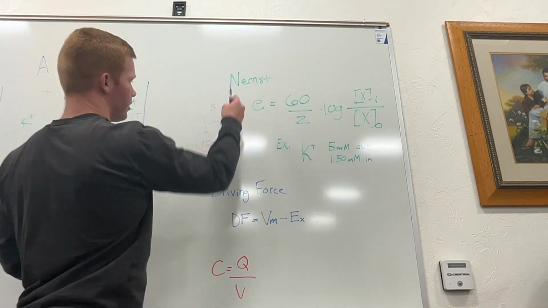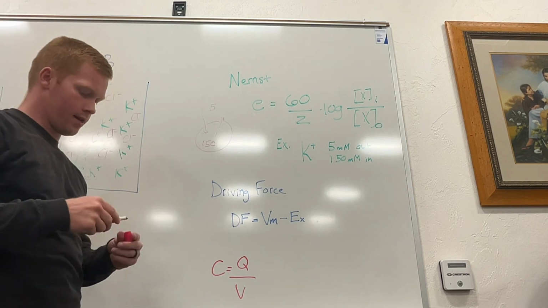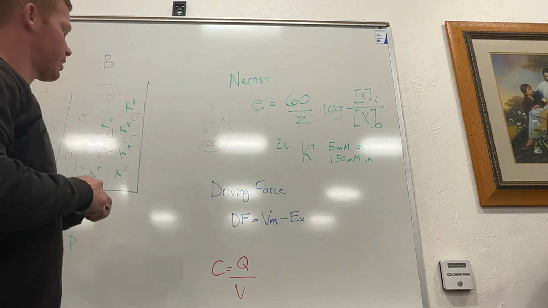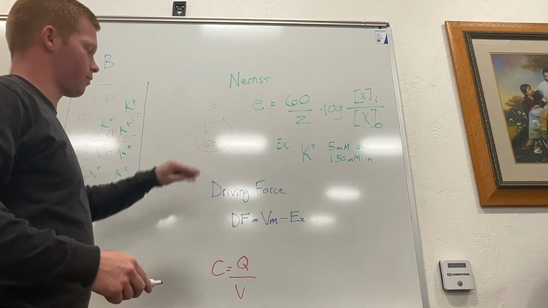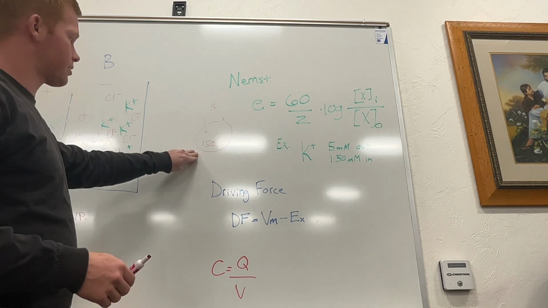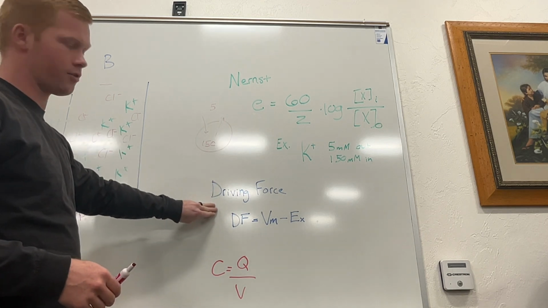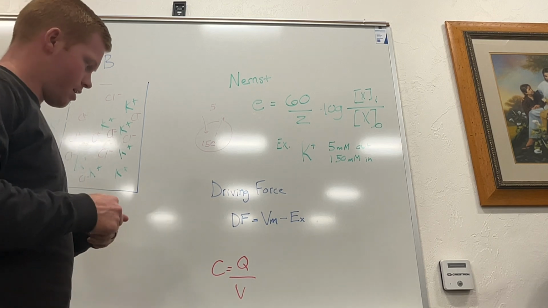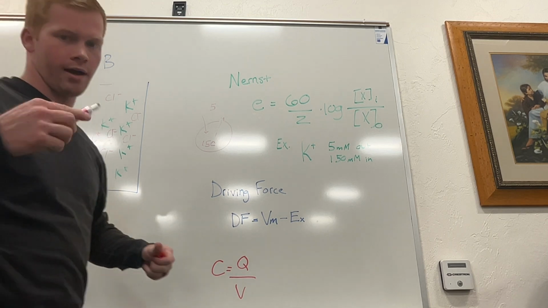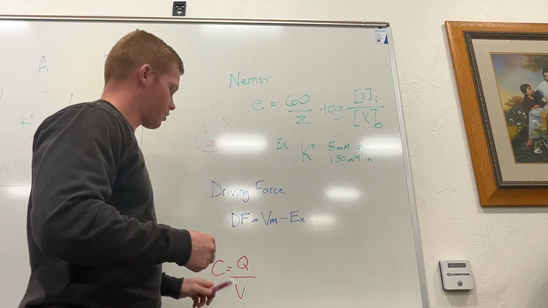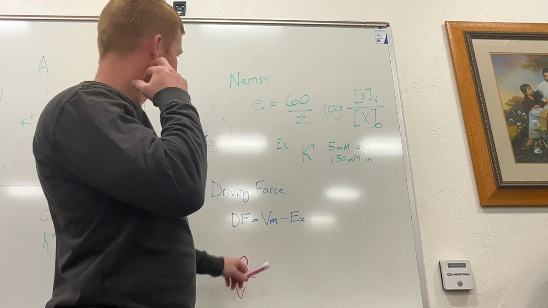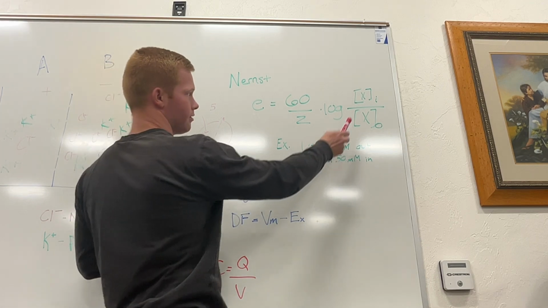The Nernst equation only takes into account one molecule. And so it gets that equilibrium for that single molecule. And then with the Nernst equation, we can figure out the driving force. And it can tell us more about the movement of that molecule. So let's figure this out real quick. Pretty much, you just plug this in.